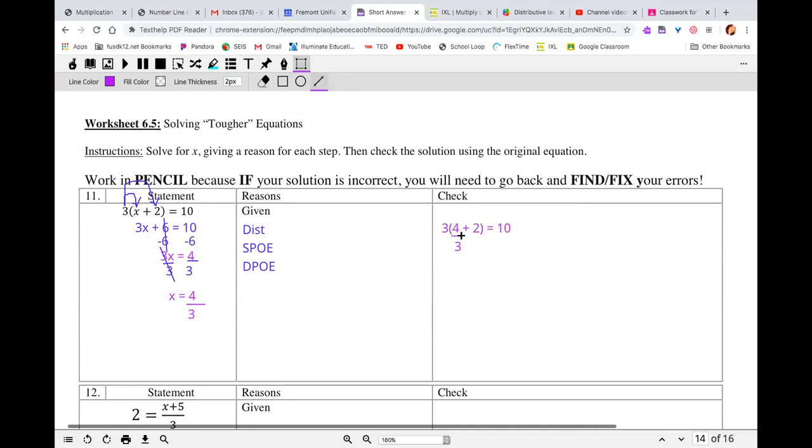And then what I can do is put a 1 under here, like a line and a 1 to make it easier. And we could put a 1 under this 3 if we want. So I have a fraction times a whole number and a group. Okay, so do you want to distribute?